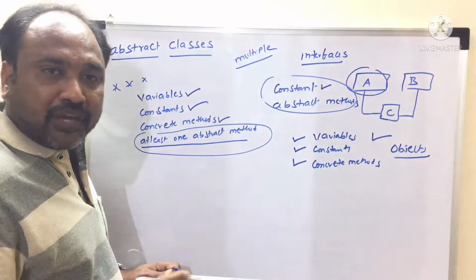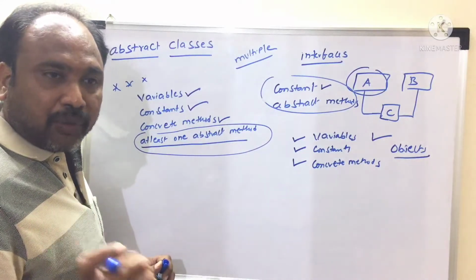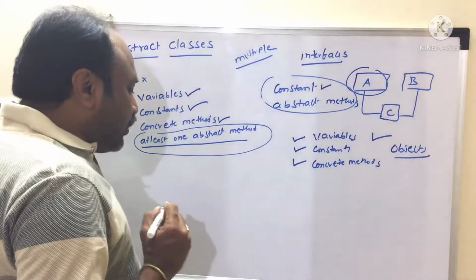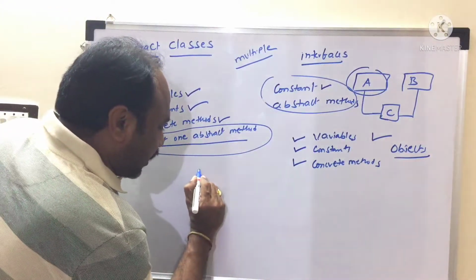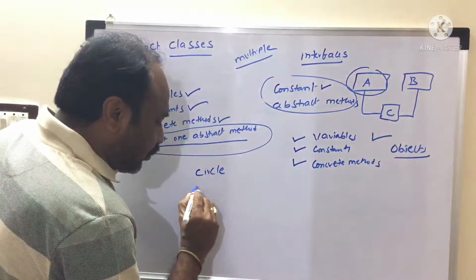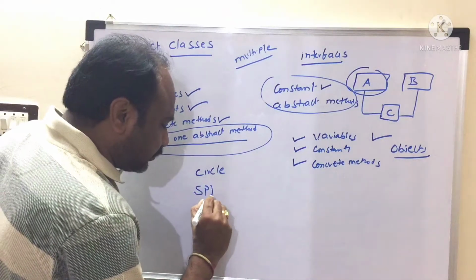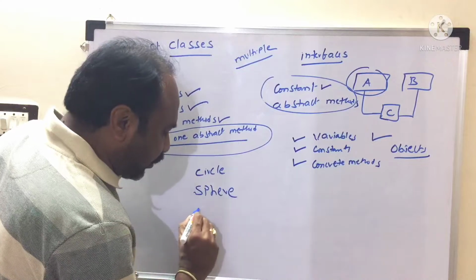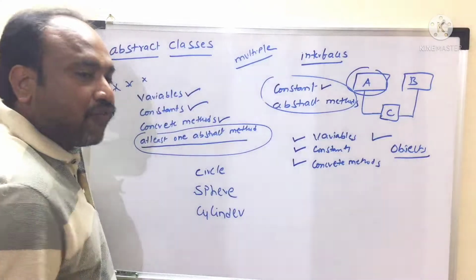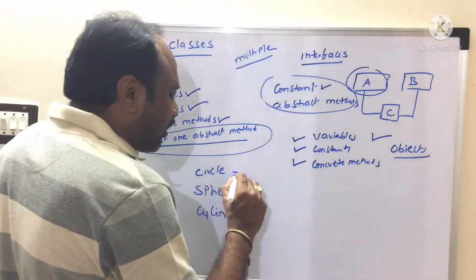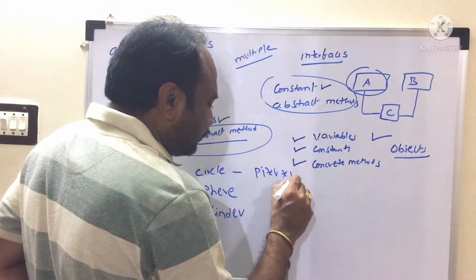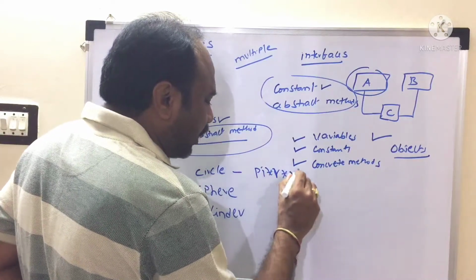Okay, if I simply say it you can't understand it properly, so I will explain with an example. I want to find the area of a circle, the area of a sphere, and the area of a cylinder. For example, the area of a circle formula is pi r square, pi into r into r.